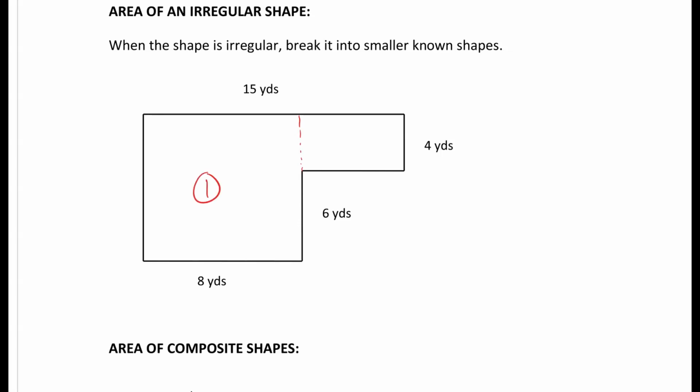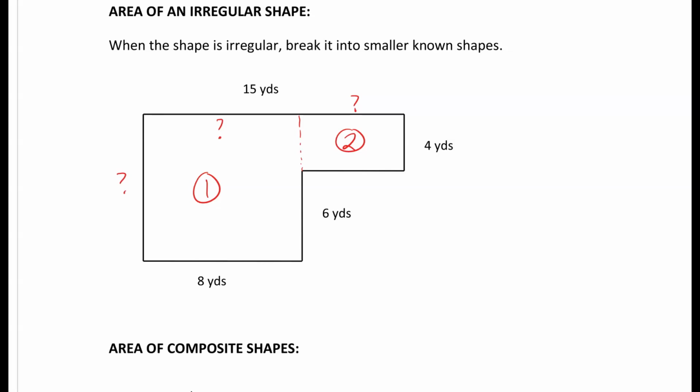So we're going to have shape 1 and shape 2. We need to also find out the missing dimensions then for this shape. So what we need to do is we need to find out this part here, and we also need to find out this part here and this part here.